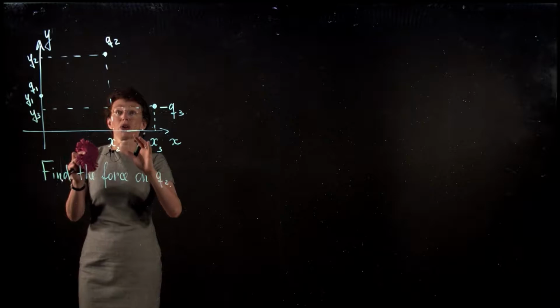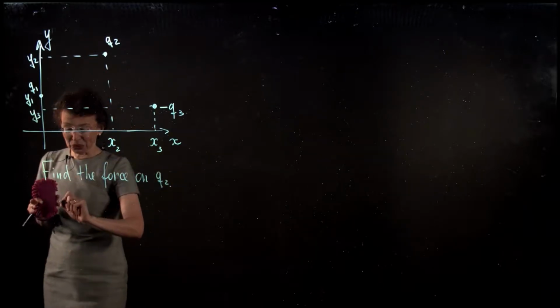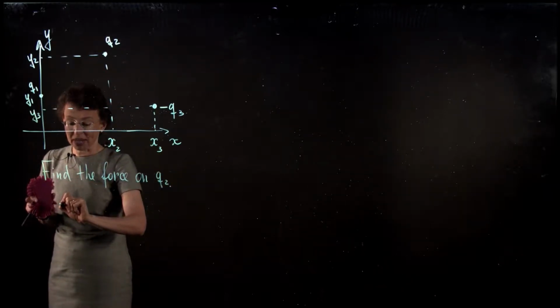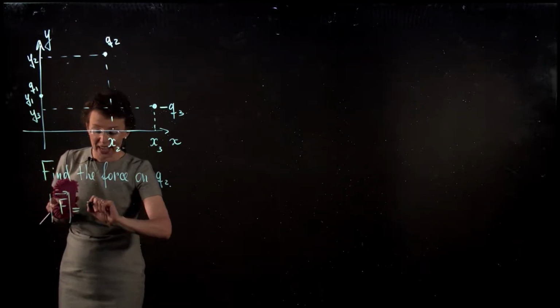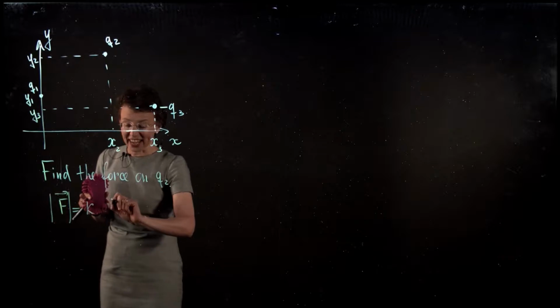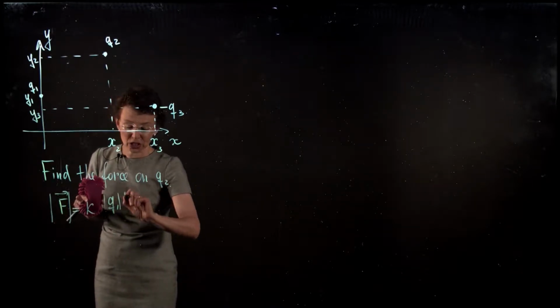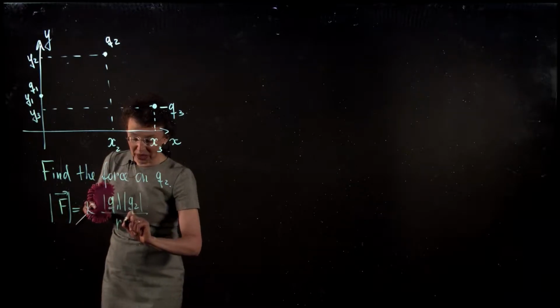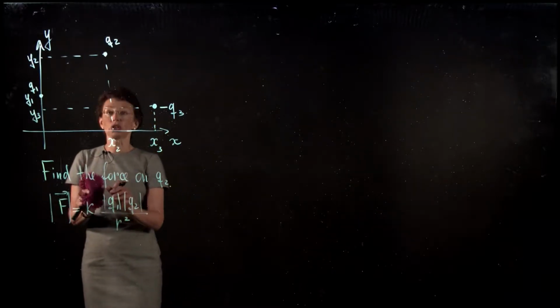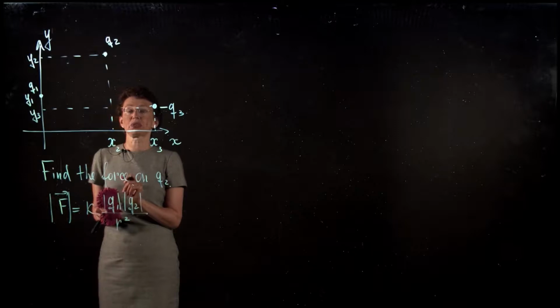From Coulomb's law, we know that magnitude of the force between two charged particles is coefficient k, and then magnitude of one charge, magnitude of another charge, divided by distance between them squared. So we will use Coulomb's law, and we will use principle of superposition.